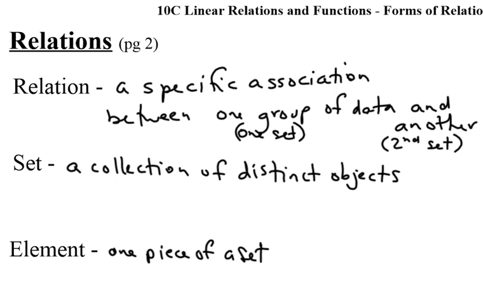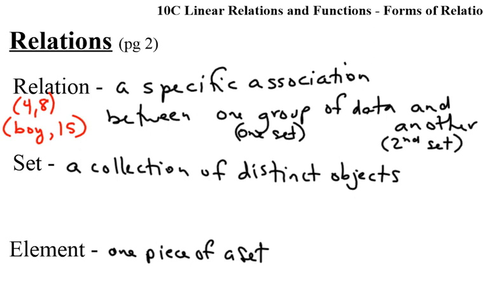If we wanted to look at some examples, a relation could be as simple as a set of numbers: 4 relates to 8 in some way. It could be the majority of people in this class. We could say boy to 15, meaning a boy in this class is 15 years old. Not everybody, but it's a relation that in general would work. A set is a collection of distinct objects. It doesn't have to be a number.